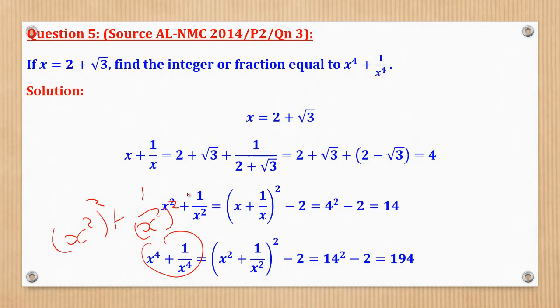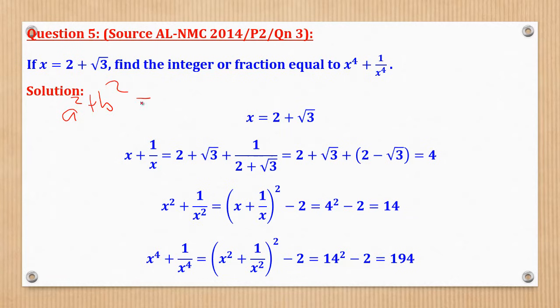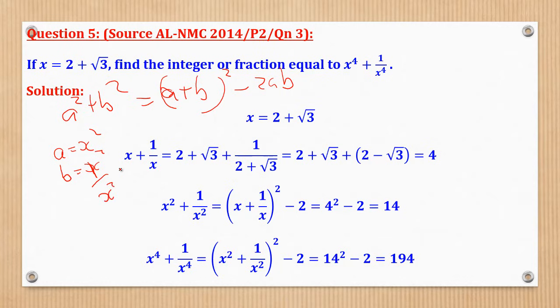So we are using the same identity of a squared plus b squared equals (a plus b) squared minus 2ab. The difference now is that our a is equal to x squared and our b is equal to 1 over x squared, meaning that a squared will now become x power 4, like that.